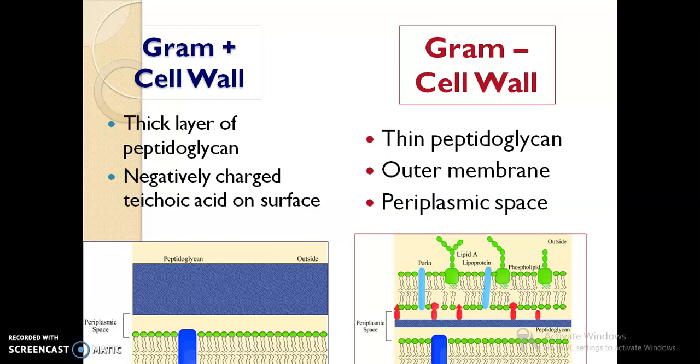In gram-positive bacteria the lipids are absent, and in gram-negative bacteria the lipids are present. Teichoic acid is present only in gram-positive bacteria, and gram-negative bacteria do not contain any kind of teichoic acid. So these are some main differences between gram-positive and gram-negative bacteria.